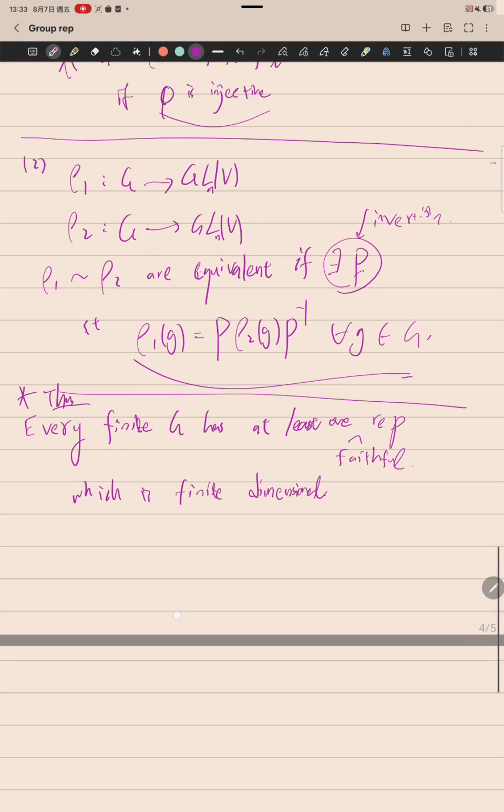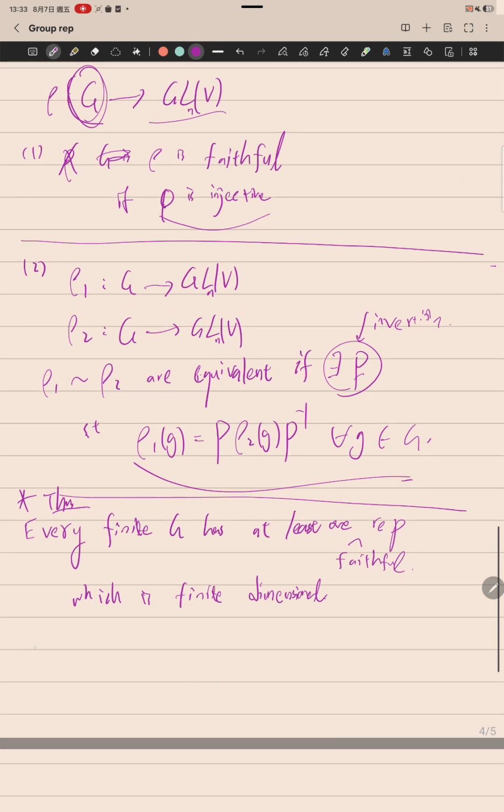Okay, so this is slightly non-trivial, but the proof is very simple. The proof is using Cayley's theorem. Remember that in finite group theory we proved that G can be viewed as a subgroup of the symmetric group, whose order is the number of elements of the group. So there is a very simple representation. For every G, I can label all the elements G1 up to G|G|.